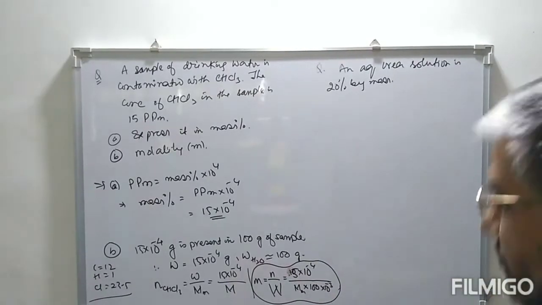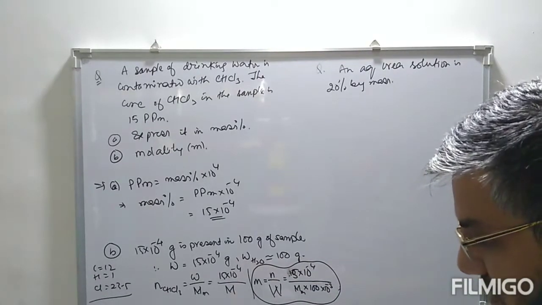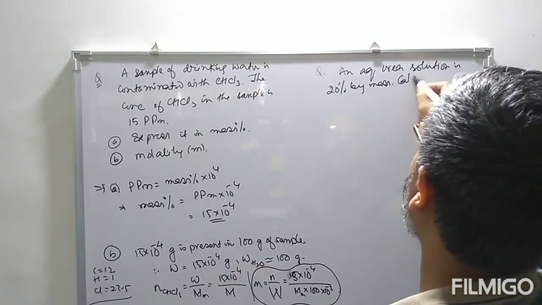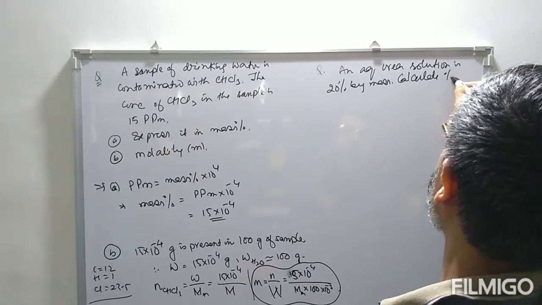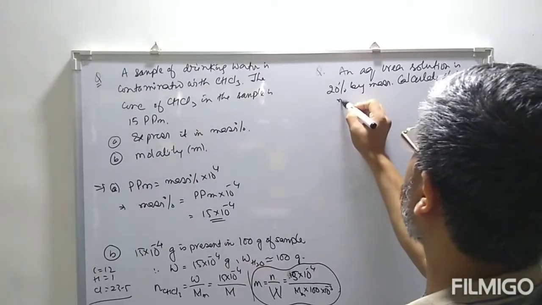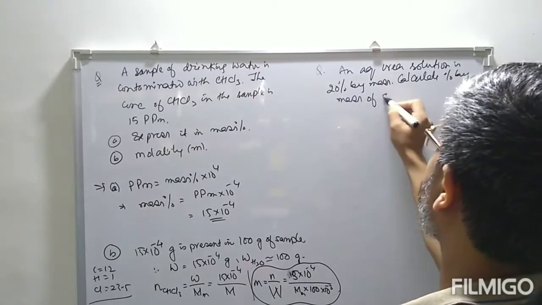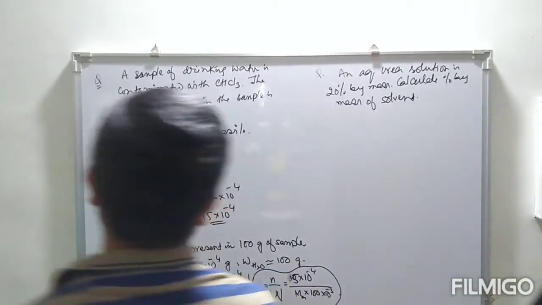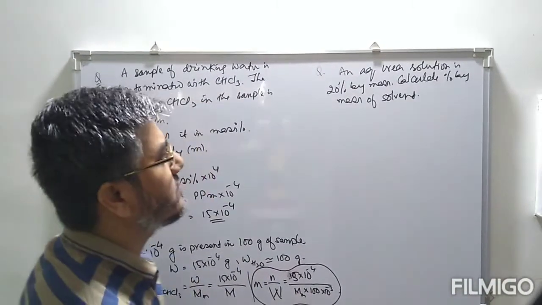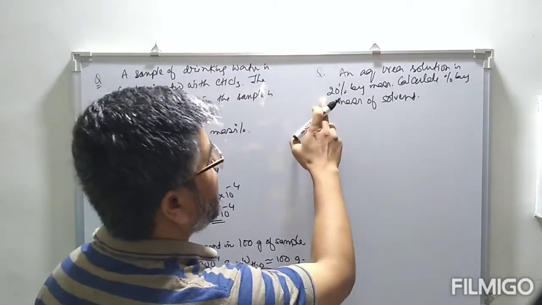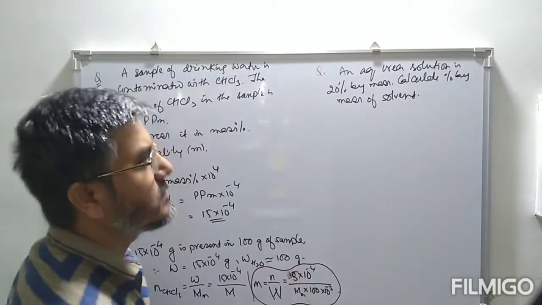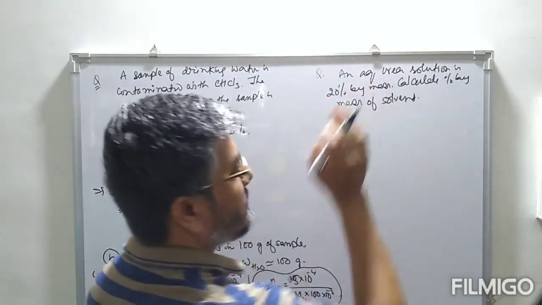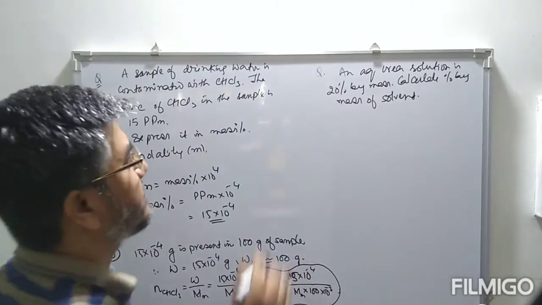Calculate the percentage by mass of solvent. So we have an aqueous urea solution which is 20% by mass of solution. Now we have to express this in terms of percentage by mass of solvent.